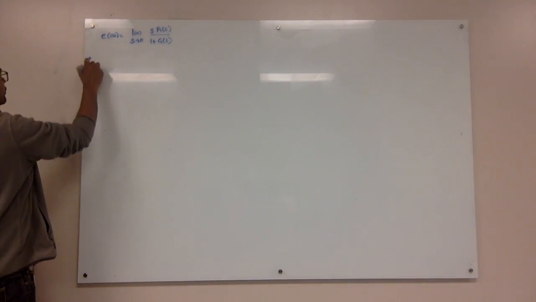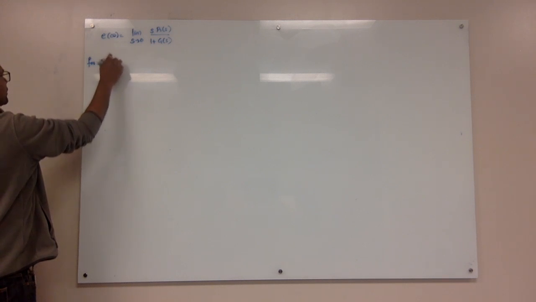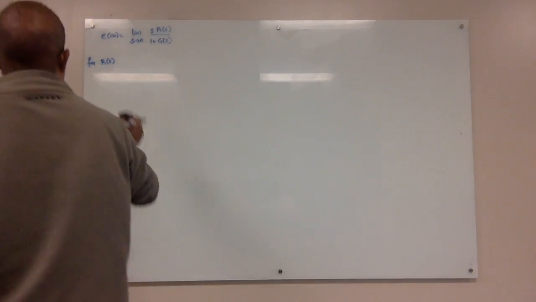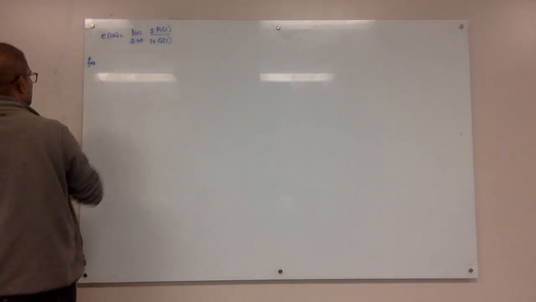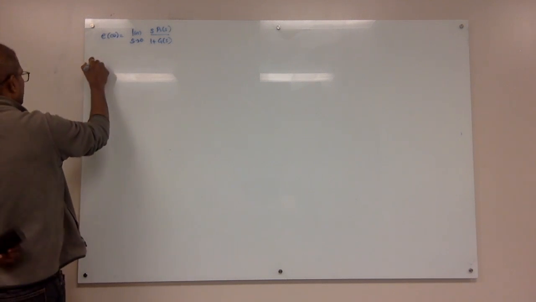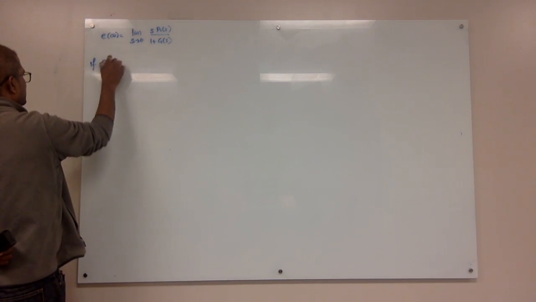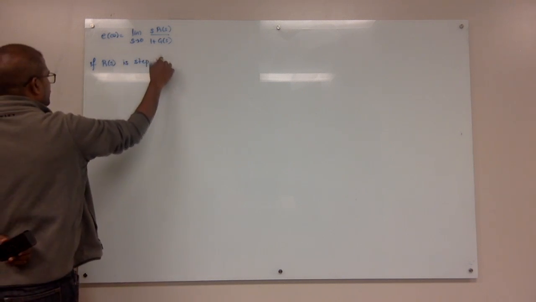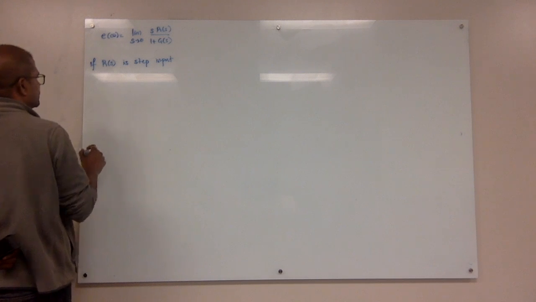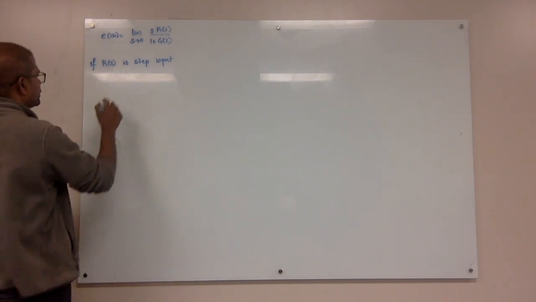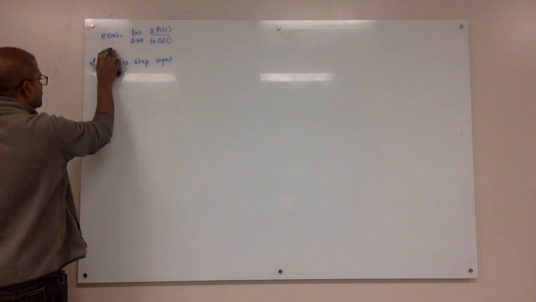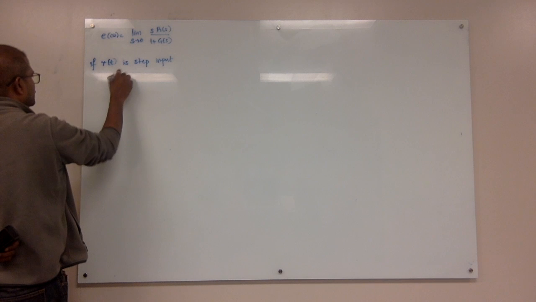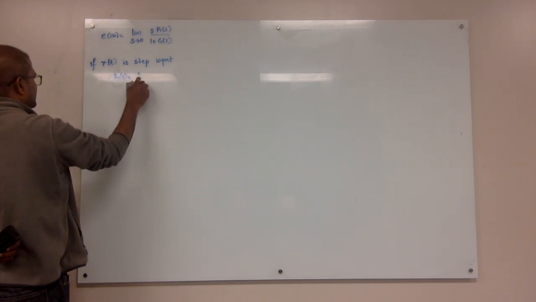For R of s, if R of t is a step input, then, what I'm going to mention is you can actually look at it in the context of time, R of s is 1 over s.